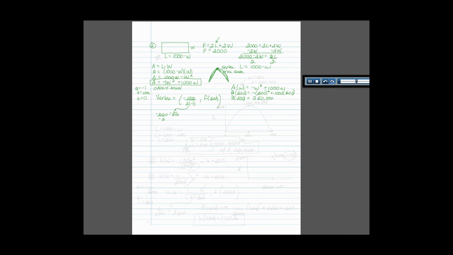Now what do those numbers mean? It means that when the width is 500, the area is 250,000.